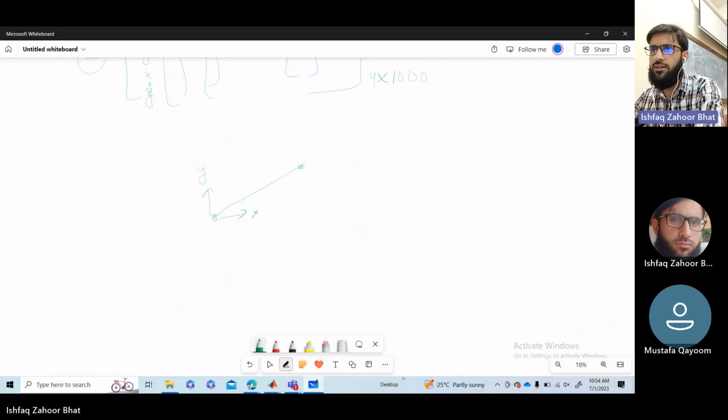One end is at 0, 0, and another end initially is at x10, x20. This is the initial position of the ends of the rod.